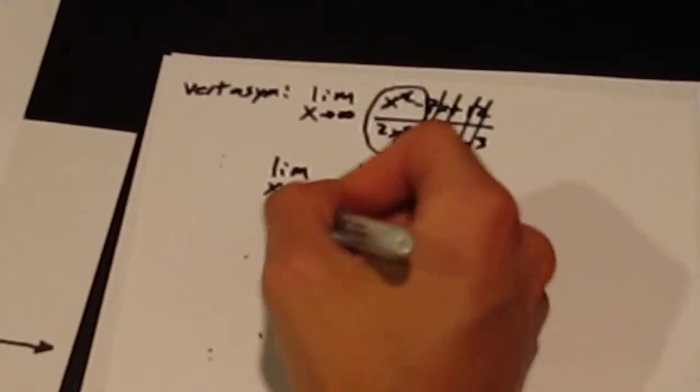So the limit as x goes to infinity, you cross those out, and that just gives you 1/2. What you do with this 1/2 is state it as y equals 1/2 and place it on your graph like so.